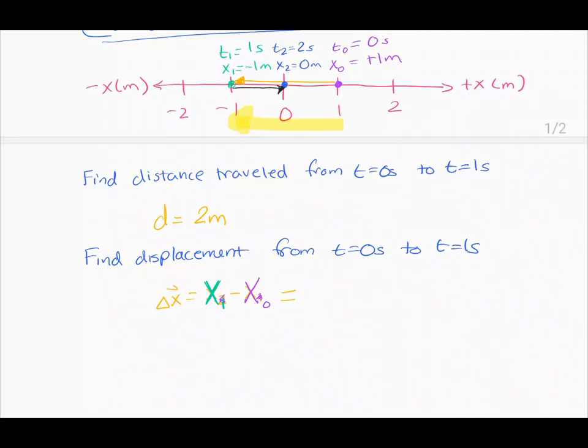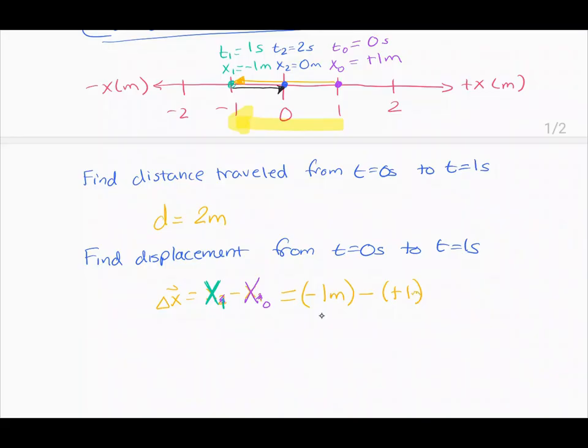So x1 at t1, I'm at a position of -1 meters. Minus at x0, I'm at a position of +1 meters. So I'm going to show those exact substitutions into my equation. And I need my little meters there, forgot that.